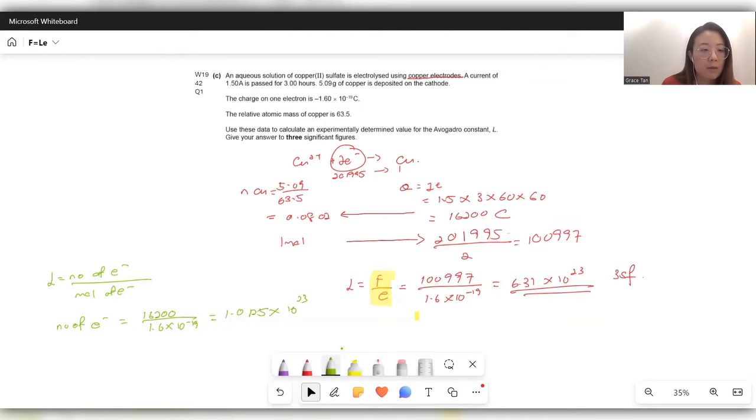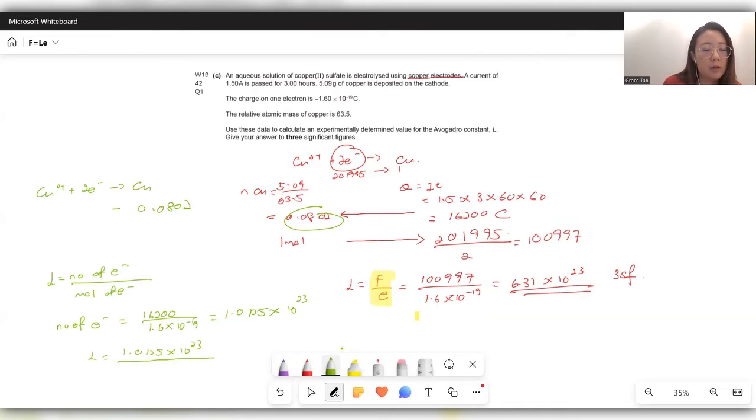Now, next, L equals the number of electrons, which is 1.0125 times 10 to the power of 23, divided by the mole of electrons. So how do I get the number of moles of electrons? In the experiment, copper is 0.0802.